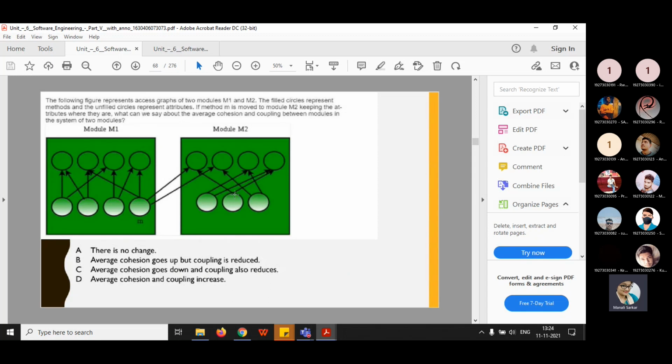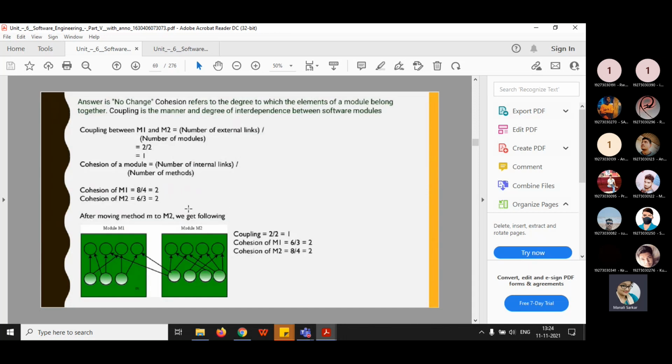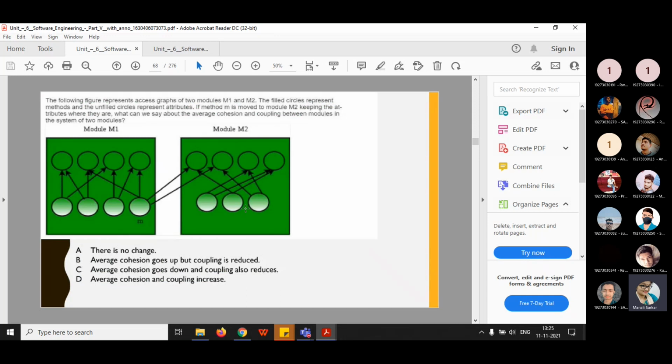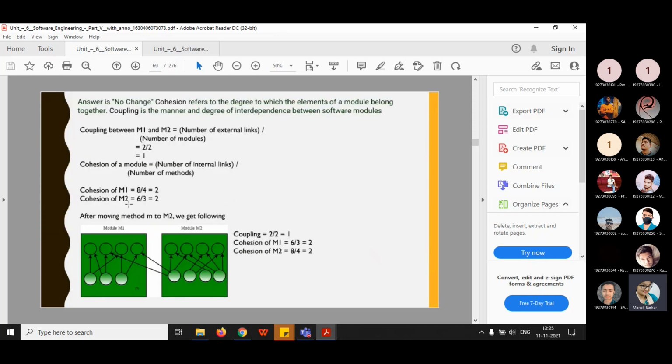A total of 6 internal links are present. So the cohesion of M2 is 6 divided by 3, since the total number of methods is 3. So that's 6 by 3.